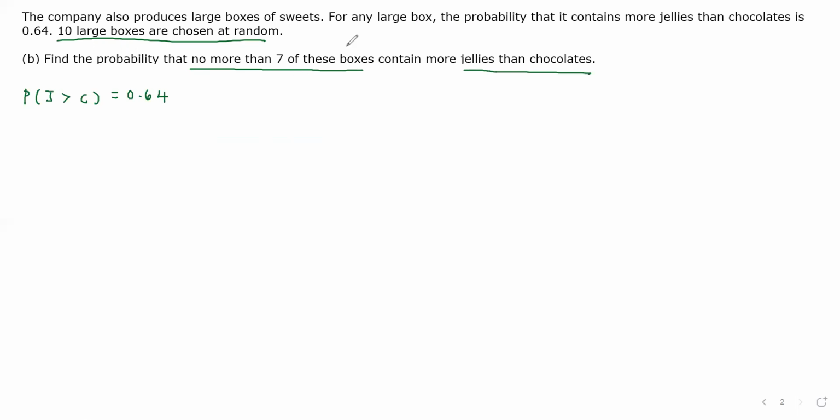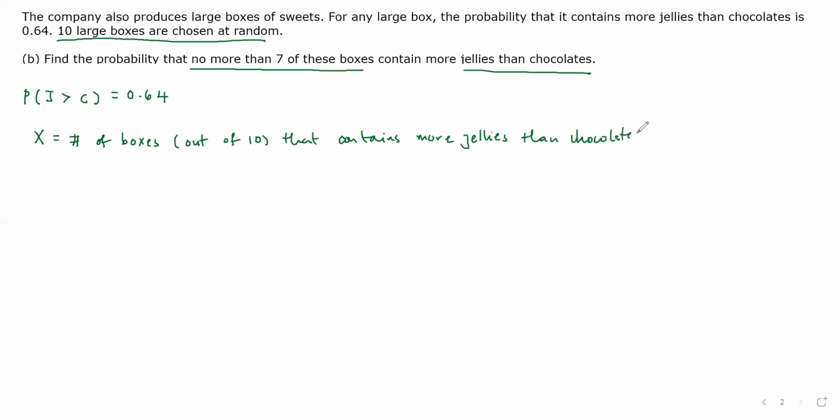So for this case, we are looking at the random variable X here, which is the number of boxes out of 10 that contains more jellies than chocolates. So the probability of a box that contains more jellies than chocolate is the probability of success that we are looking at.